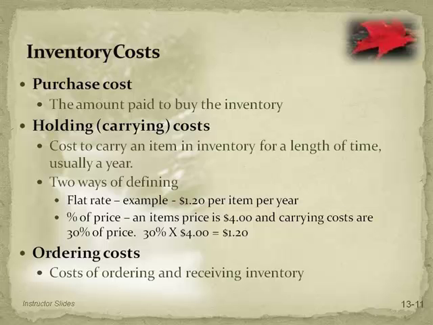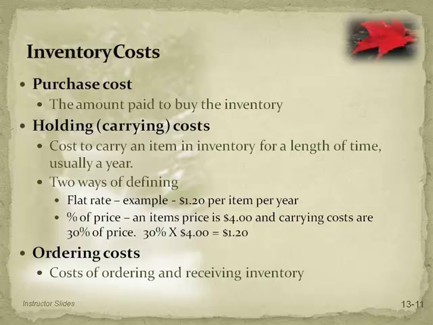Another cost category in inventory management is the ordering cost. The ordering cost is defined to be the cost associated with ordering the inventory item and receiving the inventory item.